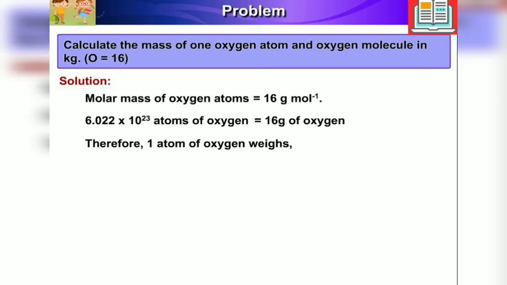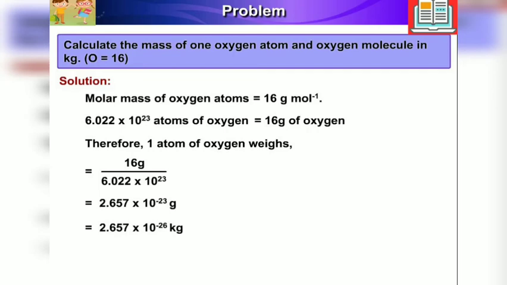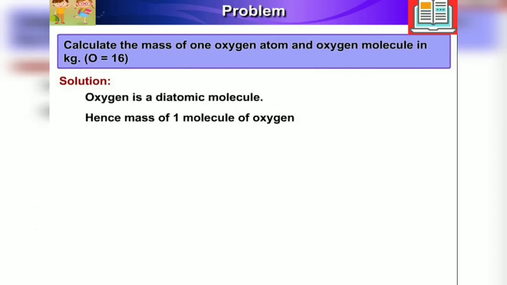Therefore, 1 atom of oxygen weighs 16 grams upon 6.022 into 10 raised to 23, equals 2.657 into 10 raised to minus 23 grams, equals 2.657 into 10 raised to minus 26 kilograms. Oxygen is a diatomic molecule. Hence, mass of one molecule of oxygen equals 2.657 into 10 raised to minus 26 into 2, equals 5.314 into 10 raised to minus 26 kilograms.